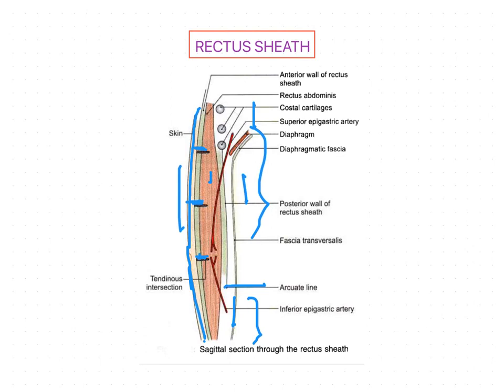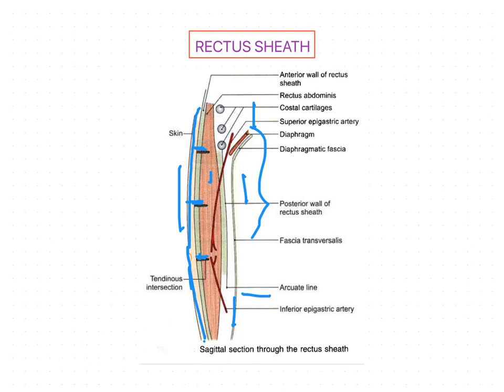That means the posterior wall is not well defined above the costal margin and below the arcuate line.